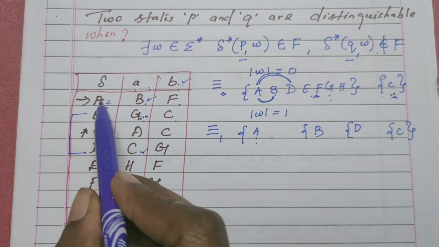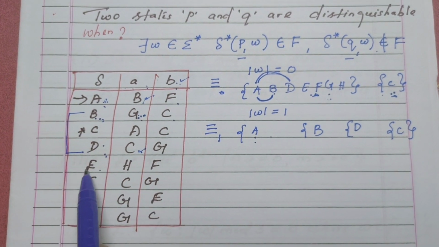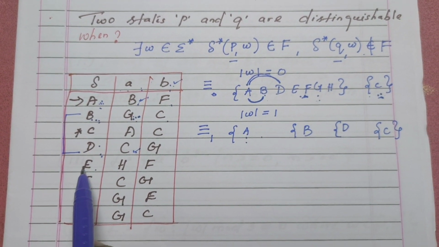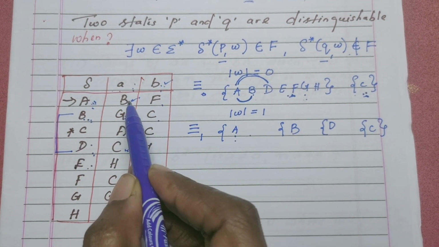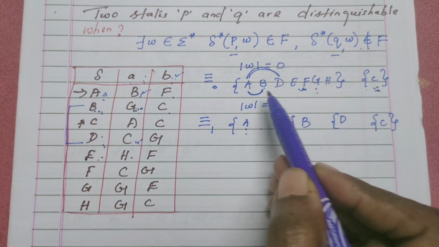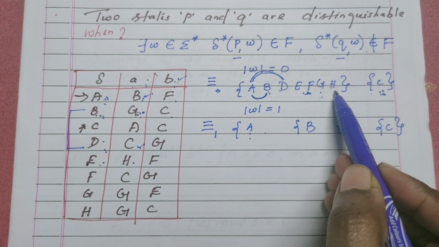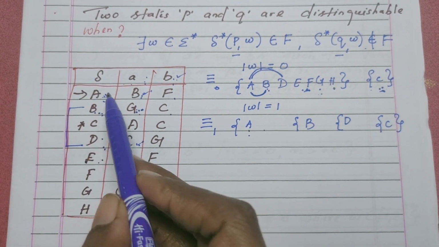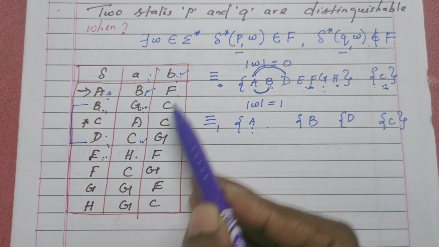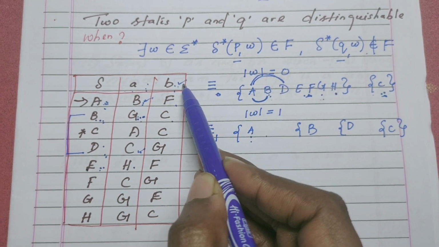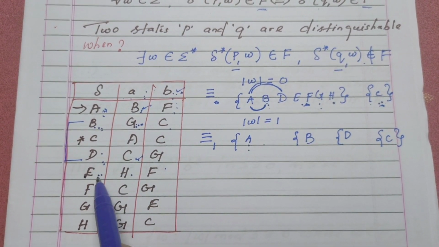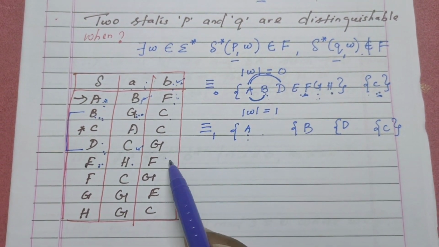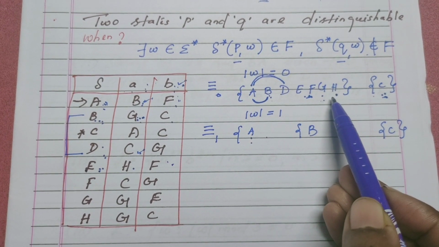First let me compare A and E, whether both are distinguishable or indistinguishable. A and E on reading A, it goes to B and H. Since B and H belong to the same set, fine. Now A and E on reading B, both go to F. So it belongs to the same set.